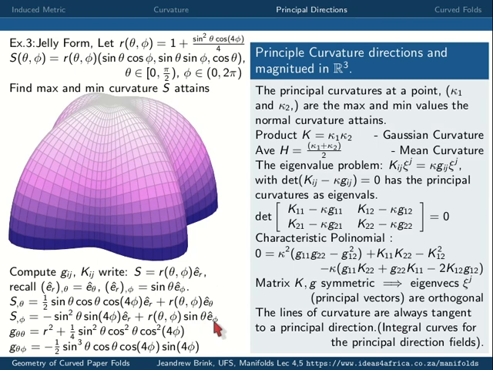Then to work out the metric, it's pretty easy because you can dot these together, remembering that ER dot ER is 1, but ER dot E phi or E theta is 0. If you keep it modular like this, your metric G theta theta is just S theta dotted with S theta, which is this thing squared plus that thing squared.